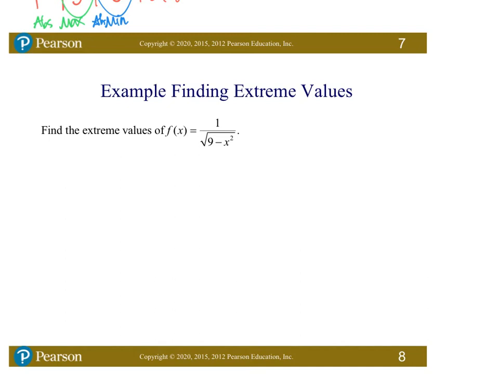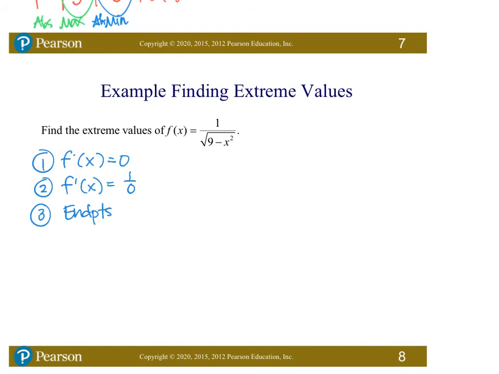All right, to find the extreme values for this function, we're going to look for the places where the derivative would be set equal to 0, the derivative would be undefined, and if we have any endpoints.